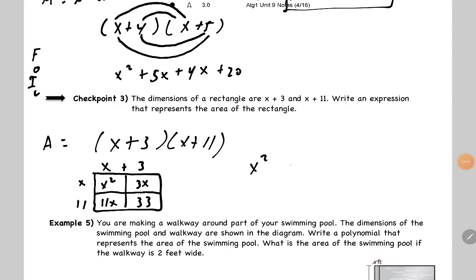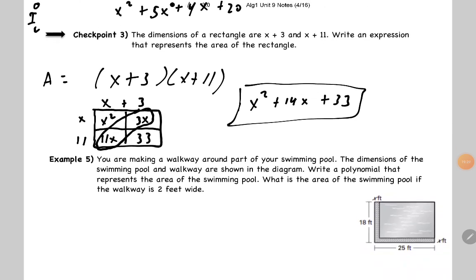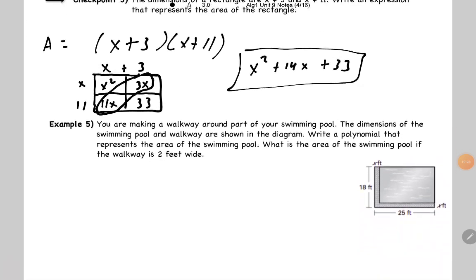So I have x squared, 11x plus 3x. So we're combining our like terms here. Is 14x. And then we tack on the 33. And we're done. So either using the box method or the rainbow or FOIL, you can do this.